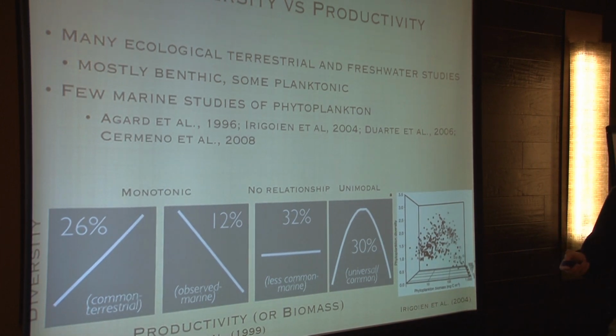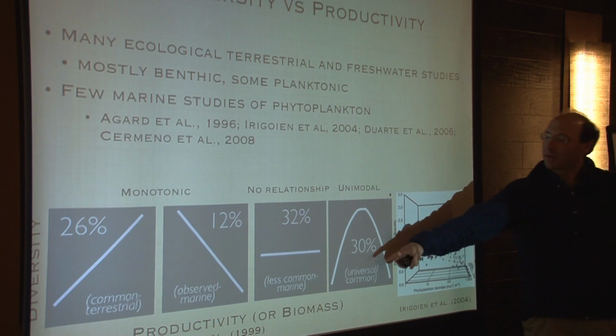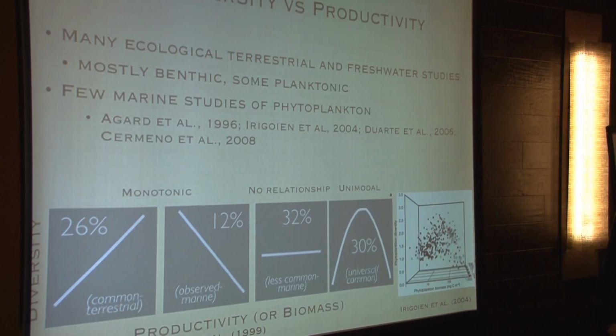In fact, you can have diversity increasing with productivity. You can have a number of studies which show diversity decreasing. There are a third of them which show there's no relation to productivity. And then another third which are showing what's referred to as a unimodal relationship.